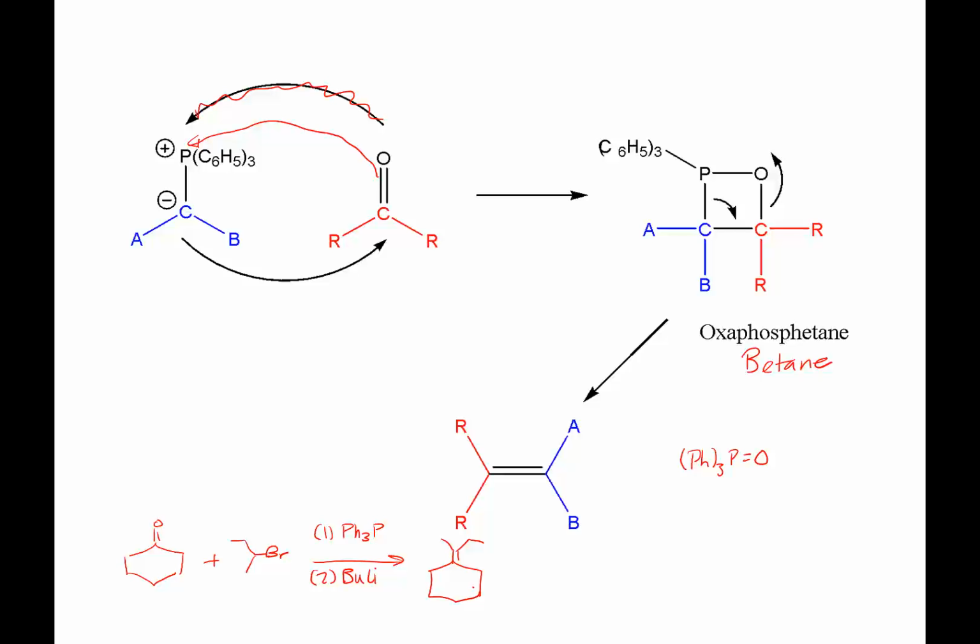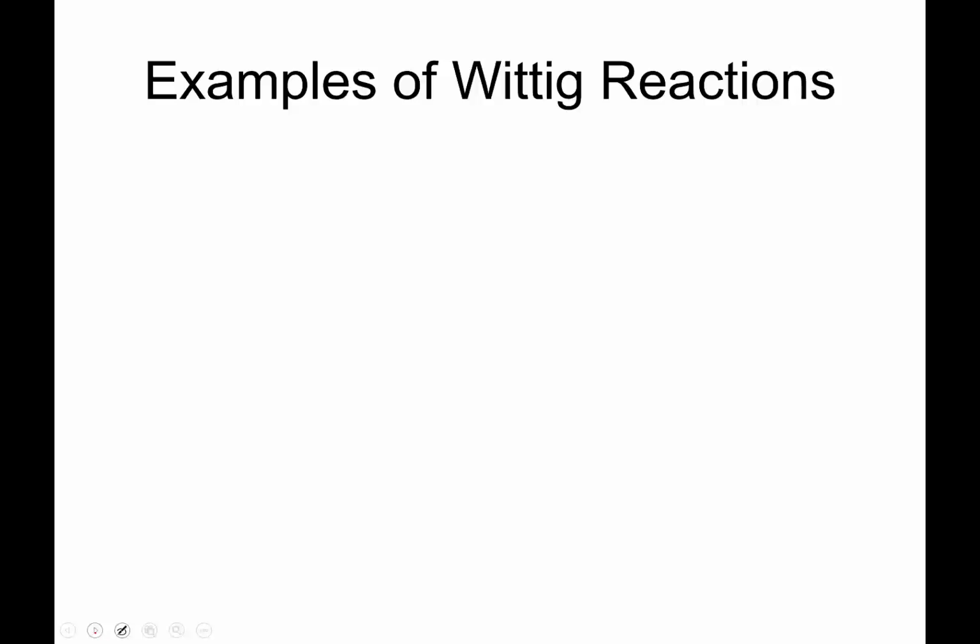In this case, it depends on the conditions, so I'm not going to make you have that choice. So the problems I'm going to give you probably don't matter. So there's an example of a Wittig reaction.